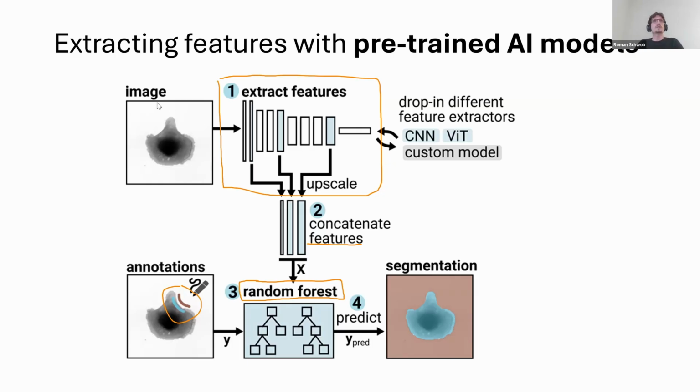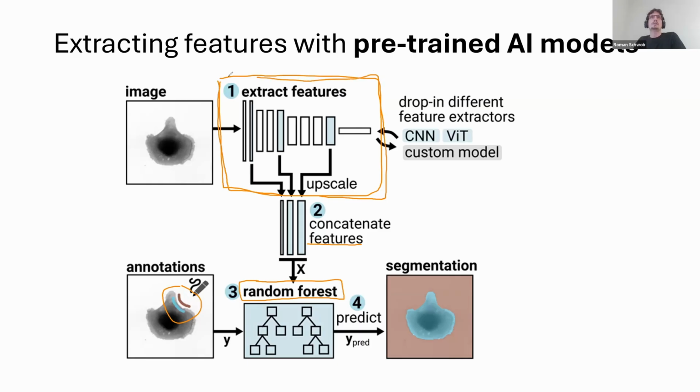Elastic also uses feature extraction and feeds them into a classifier, like a random forest. By the way, by now we're using a little bit more advanced classifier, not the random forest anymore, but this is a technical detail. But what's really different between Convpaint and Elastic is, first of all, this part here.